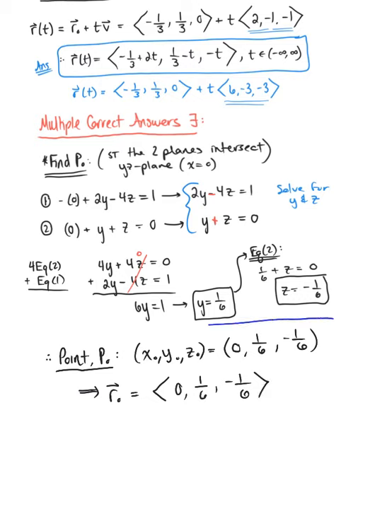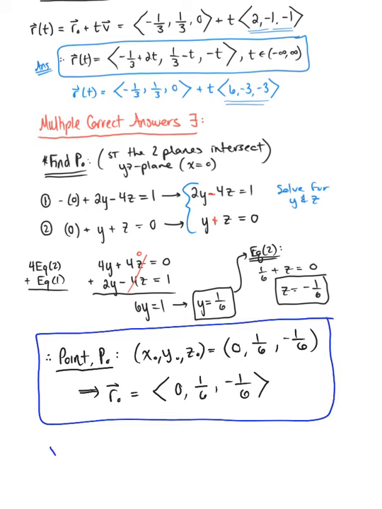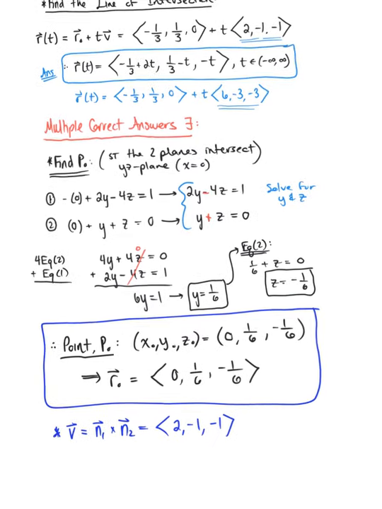So if we use this new point with that same vector v defined as the cross product of the normal vector n sub 1 with n sub 2, and we use the smaller version, 2, -1, -1, we'll get a new line. It's still correct, but it'll look different than our original line.